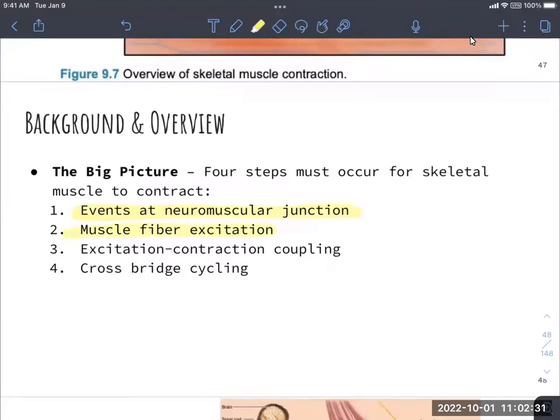And when that muscle fiber gets excited, the contraction will start through cross-bridge cycling. We already looked at how that cross-bridging works. Now we're going to look at how the nerve tells the muscle, hey, we need to contract.